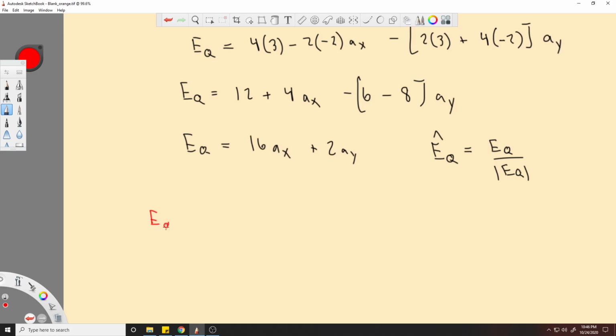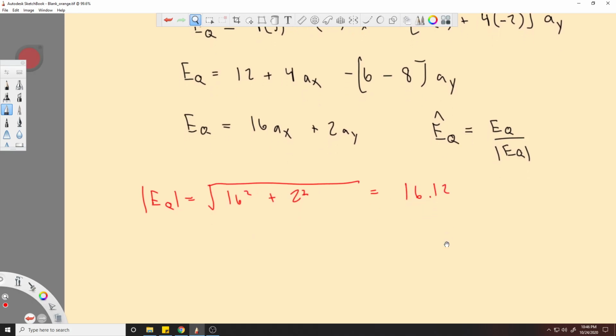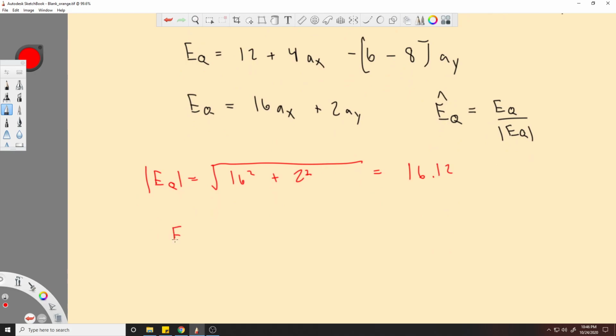So now finding the magnitude of E of Q, we just take the Pythagoras, right triangle trig, whatever, and that ends up being 16.12. So the unit vector is equal to, now I divide 16 by 16.12, and I divide 2 by 16.12.